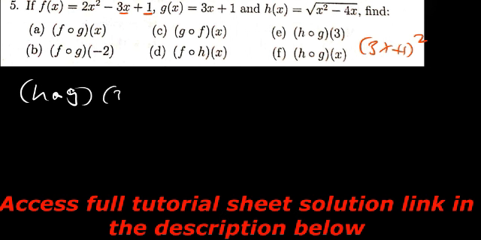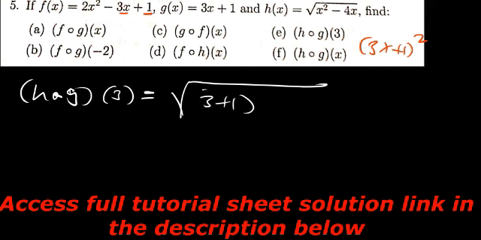Then again we are going to put 3. So where there is x, we put g. So g is 3x plus 1. So I have to square it, minus 4 times again 3x plus 1.